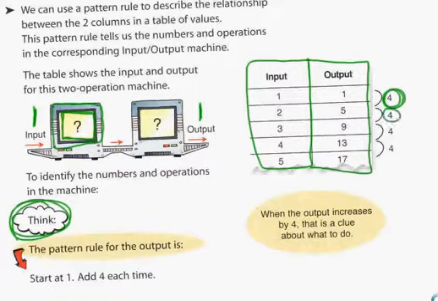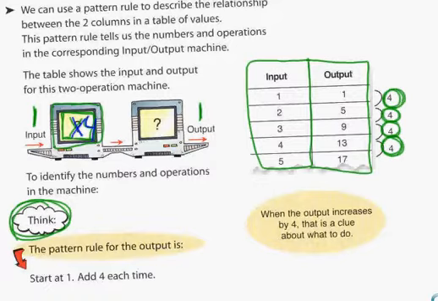The pattern that's in the output gives me a clue. So I'm going to try a times 4 in here. Times 4. Maybe I'll use a different color so you can see it better. Times 4. Okay?